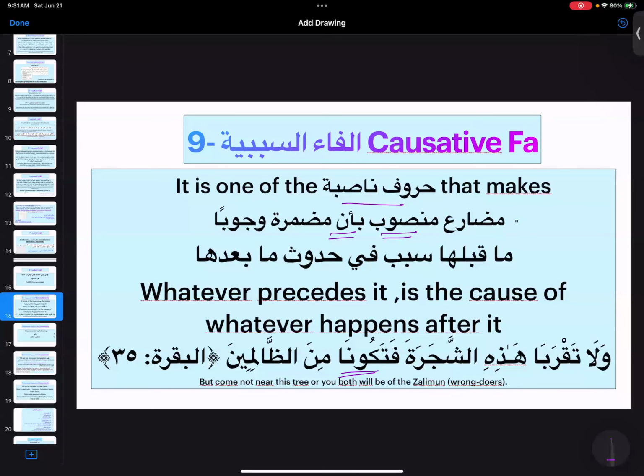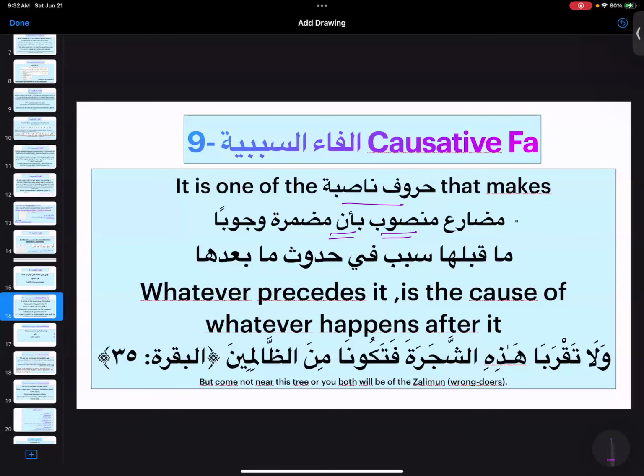So this is how we can differentiate. Right? In the akiba also, we said the action that follows is because of the action before it. Yeah, but if you see fi'l mudari mansoob, then fa sababiya, otherwise it could be akiba or something else, right? Yeah. So with our harfun nasiba, we can add fa too, right?